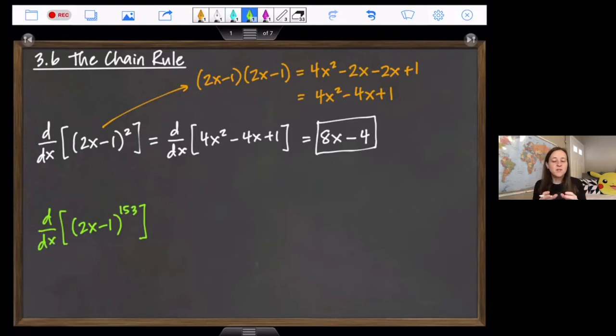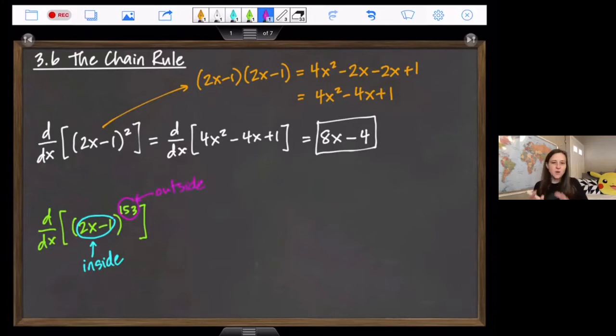But the important thing about the chain rule is that we'd be able to identify which is the inside function and which is the outside function. It's pretty easy with this one. We can see that this 2x minus 1 is the inside function, and that the 153, that exponent, is the outside function.